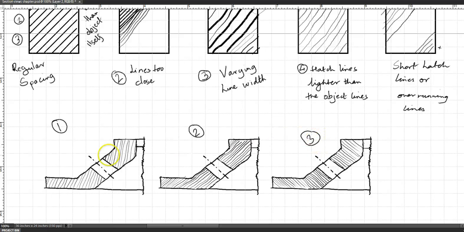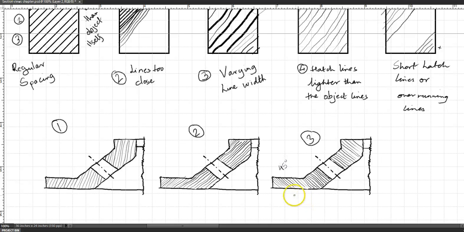Now, which of all these three is the best or the correct way of hatching? Now, if I look in number 3, the hatching is going at an angle of 45, which is good.